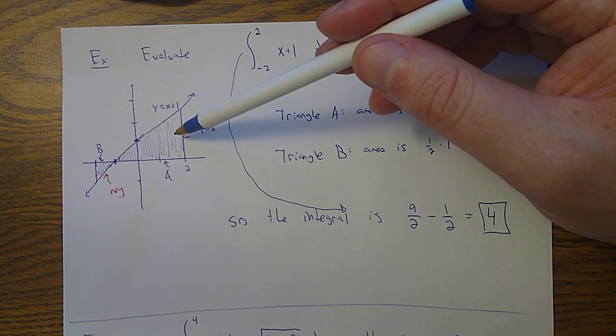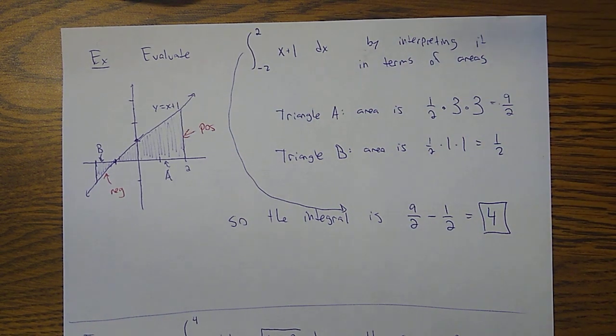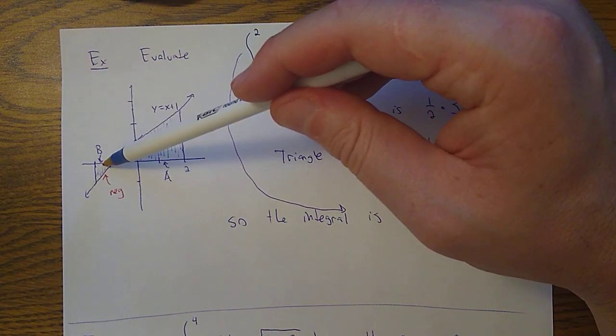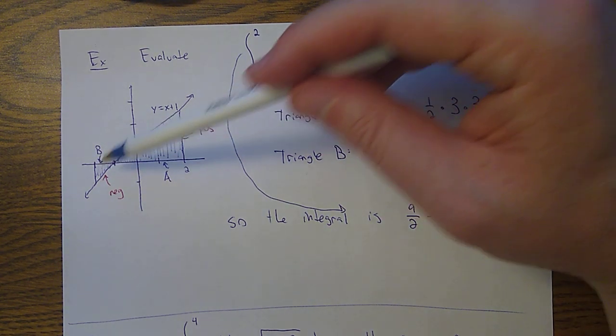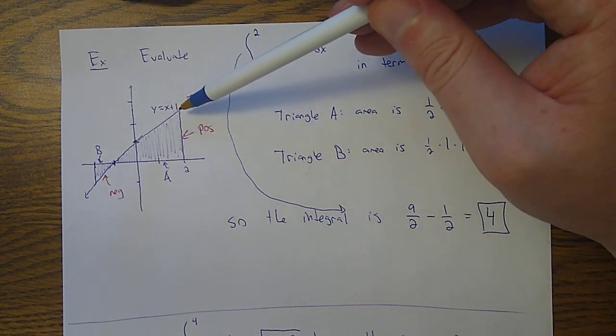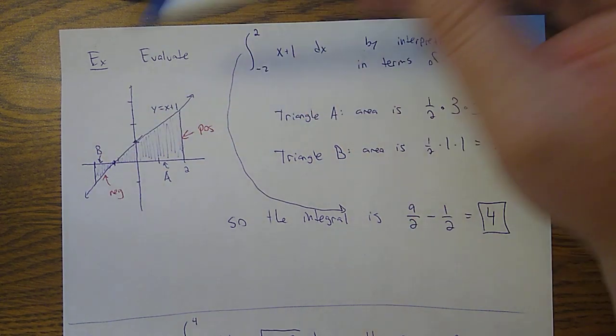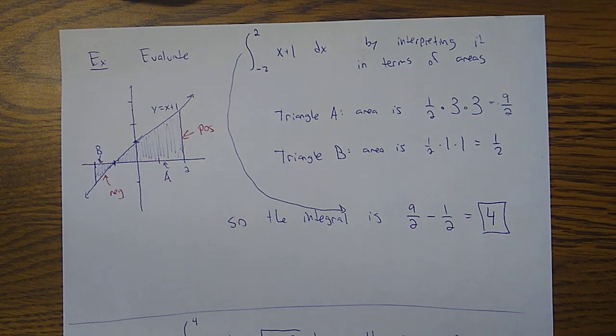Triangles are friendly. We know a formula for calculating the area of triangles. Other than that, just remember that you add the parts that are above the x-axis and subtract the parts that are below the x-axis.